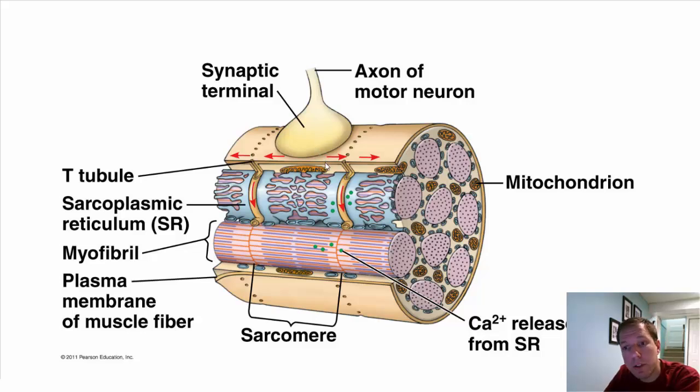The acetylcholine will diffuse across the length of the myofibril and down into small channels known as the T-tubules. The acetylcholine, once it diffuses into those T-tubules, is going to move into a structure called the sarcoplasmic reticulum.